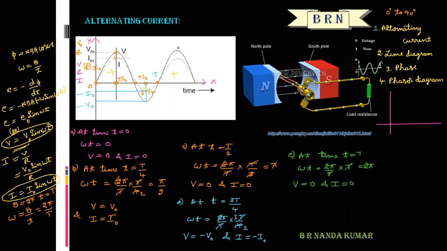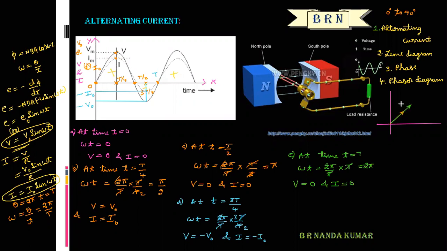Okay. So here, this is the rotational vector of current. Even the rotational vector of voltage is also along the same direction.